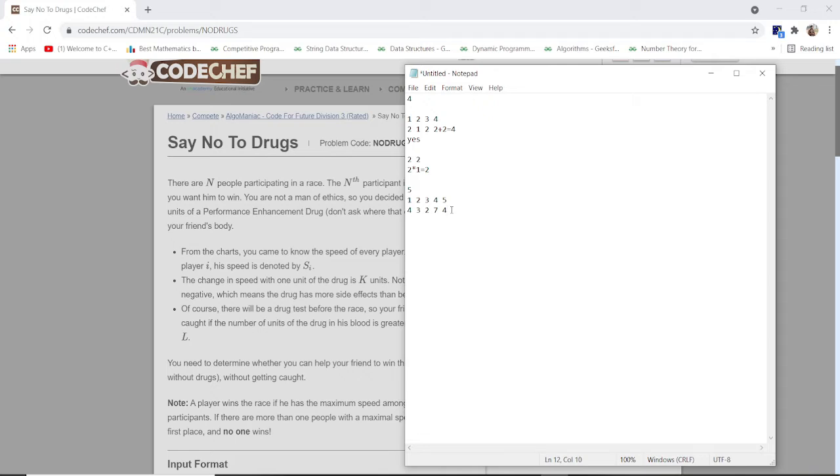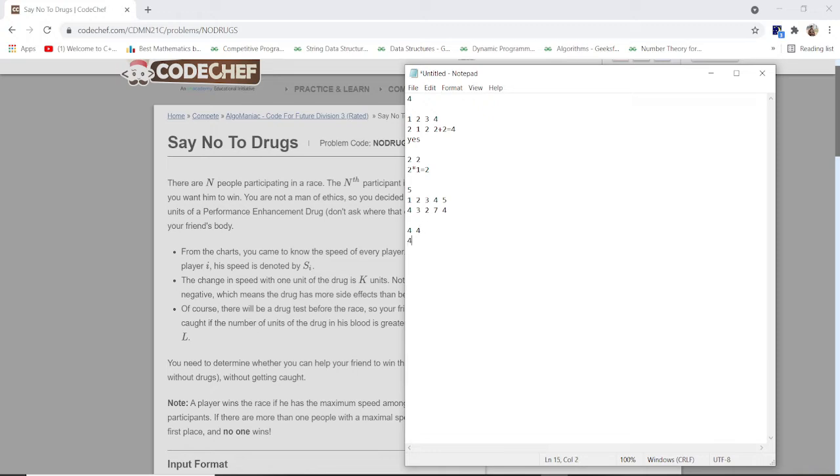To push some drug, suppose I push 1 unit to my friend and the drug will increase the speed by 4 units, and I have a limitation, suppose 4. That means I cannot push 4 units at most because that is a limitation, so that is why I can push only 3 units.